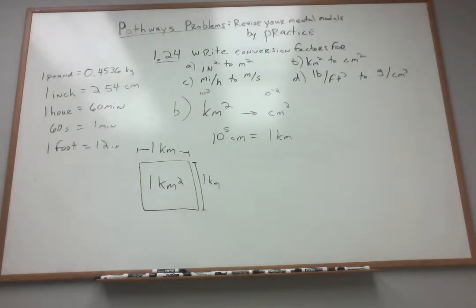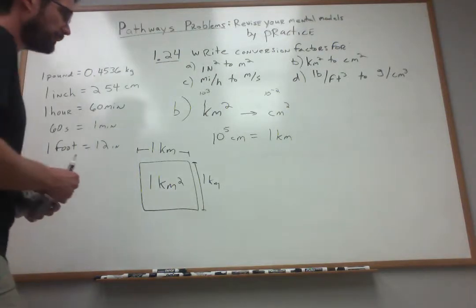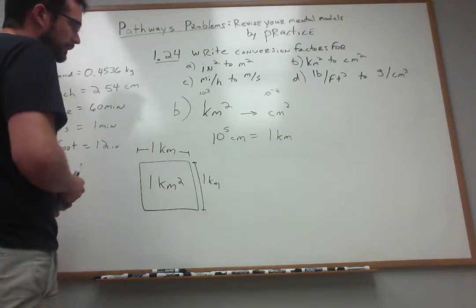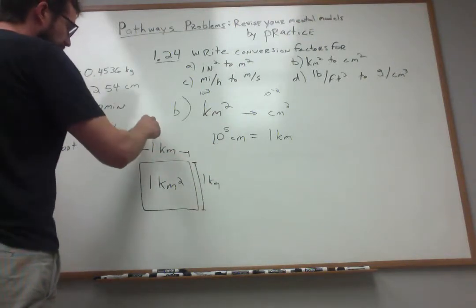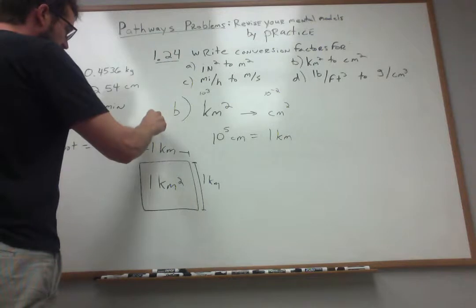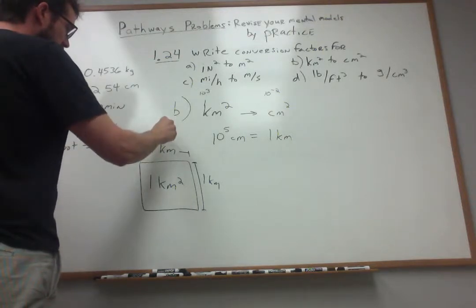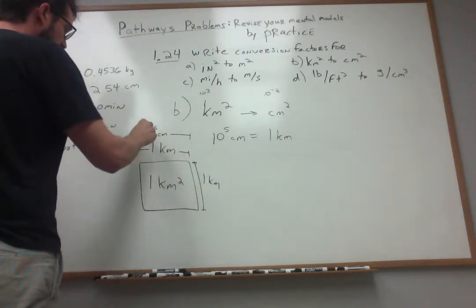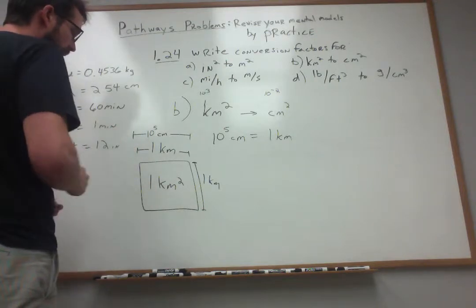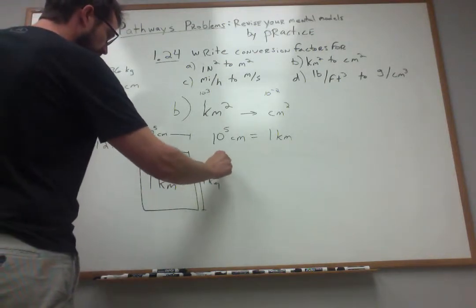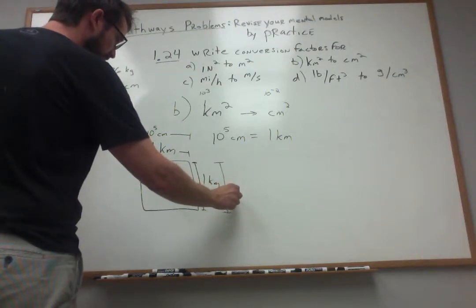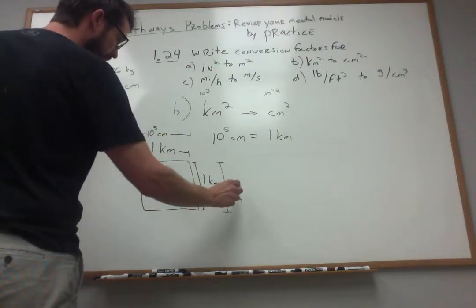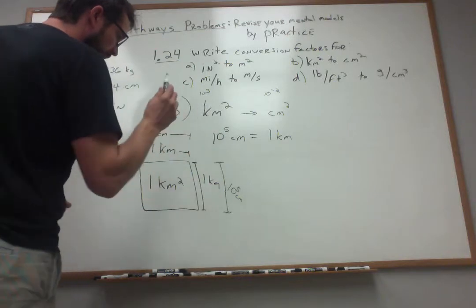Now, how many square centimeters does that correspond to? Well, we know that there are 10 to the 5 centimeters in a kilometer. So we can define this box just by the centimeter unit instead of kilometer unit.